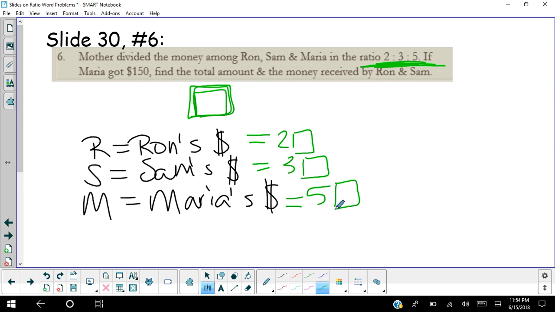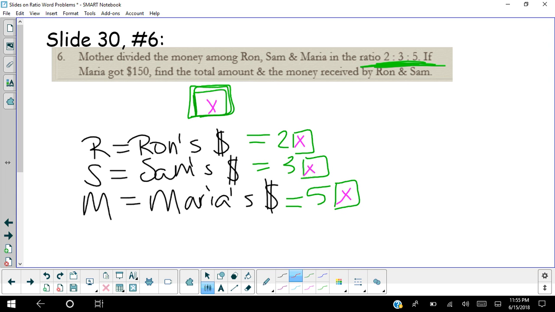Last time I left it with the box to show you a different way of doing it. You might have better success if you pick a variable for the box. Our last one we had already used x, y, and z, so you would have had to pick something else. But I have not used y or z. So you could say x is this box, and then you would have 2x, 3x, and 5x.